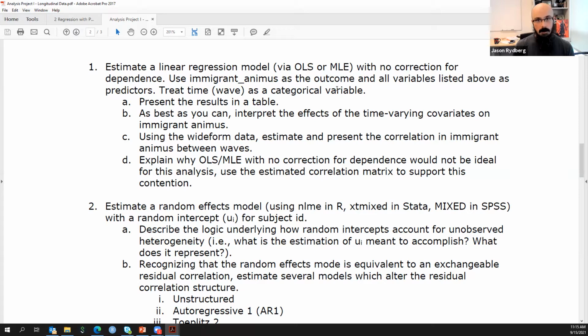In the first set, you would estimate just that maximum likelihood model, the OLS model, treat time as a categorical variable, and interpret those results, look at the correlation structure, and explain why a model that doesn't correct for the correlation structure might not be optimal.